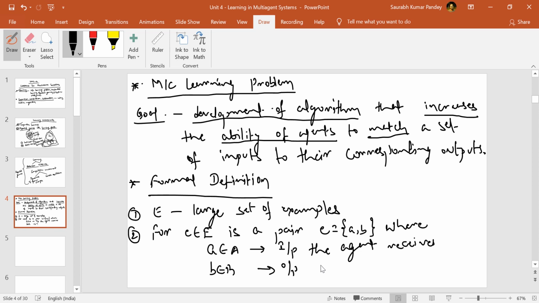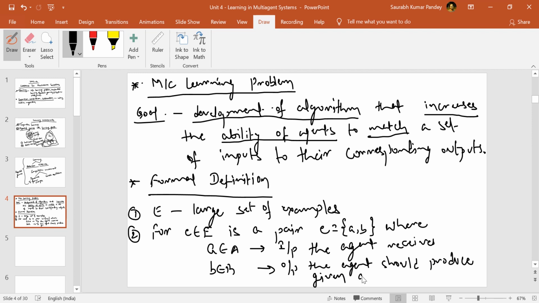The output the agent should produce given a. So given a particular input, the expected output that is produced is denoted by b.